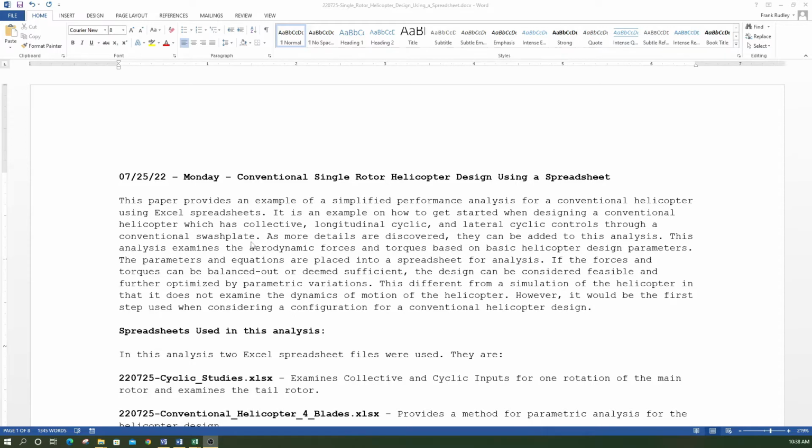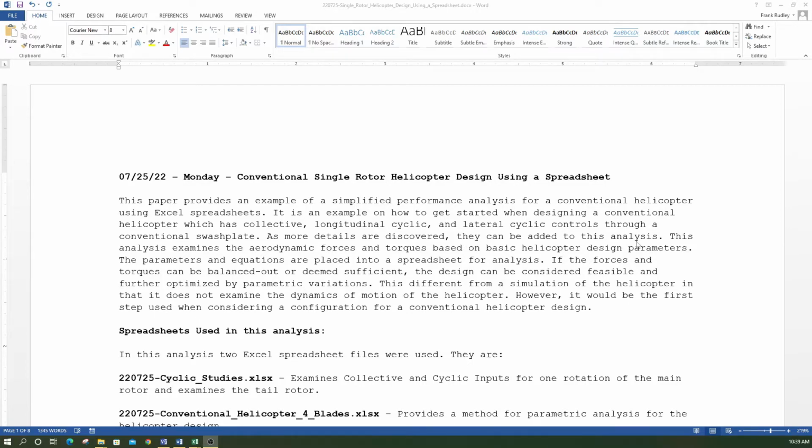So this is a typical helicopter where its main rotor has a swash plate where these three control inputs can be provided: collective for vertical motion, longitudinal for forward and aft motion, and lateral cyclic, which would provide left and right motion.